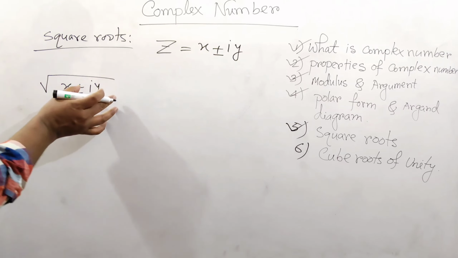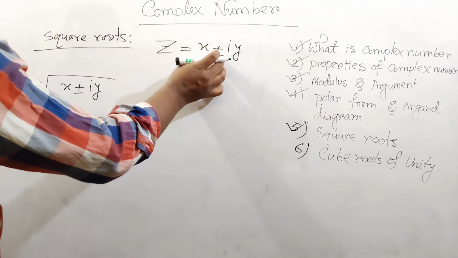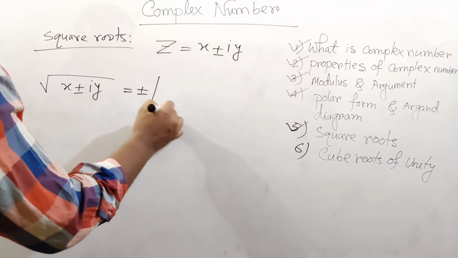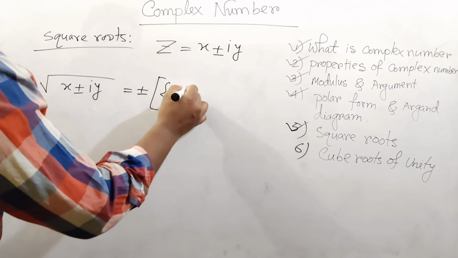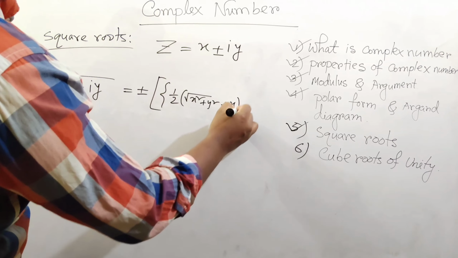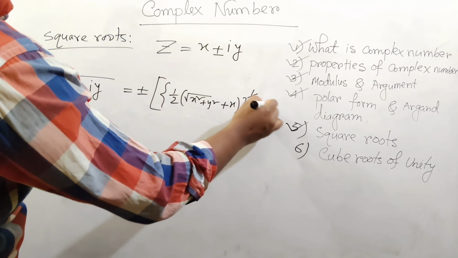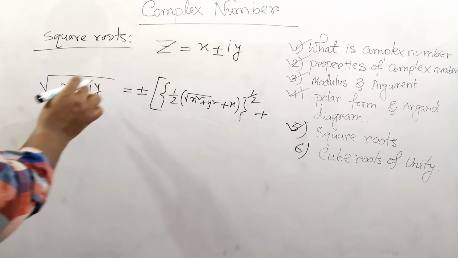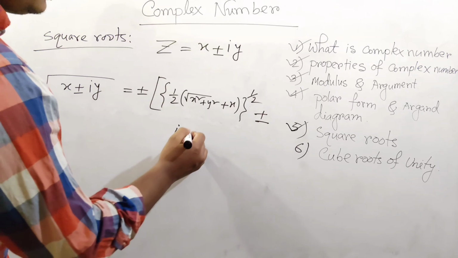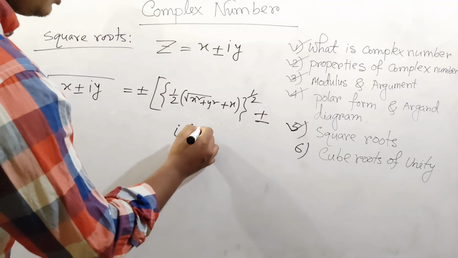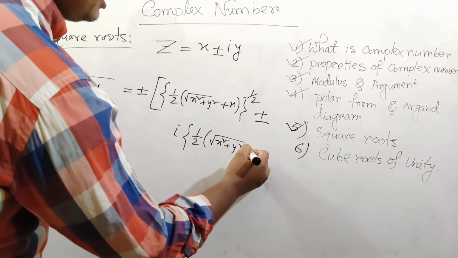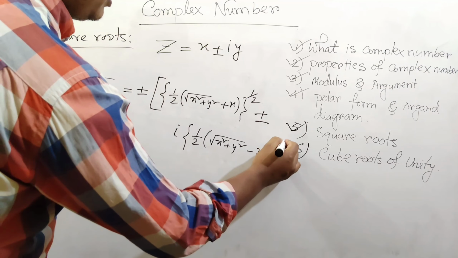If it is given minus, you must use a minus sign. The formula is plus or minus, half square root of x square plus y square plus x, all to the power half, plus or minus i, half square root of x square plus y square minus x, all to the power half.